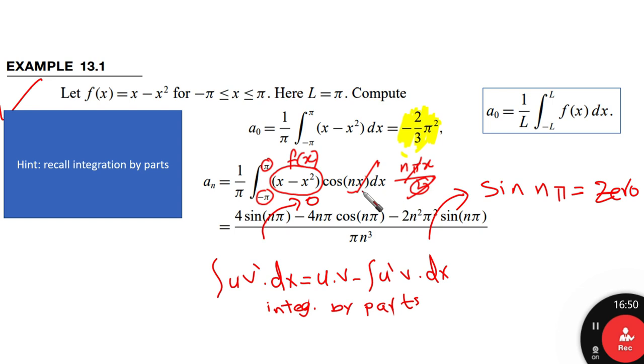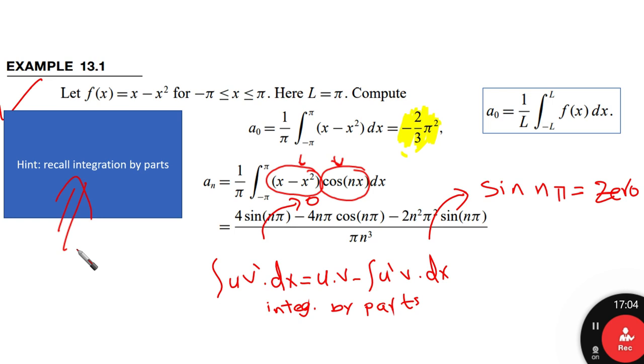In this case, two functions are multiplied by one another. Do you remember integration by parts? Recall your calculus class. After making the integration, you are going to find a big fraction with a numerator and a denominator, as you can see here.